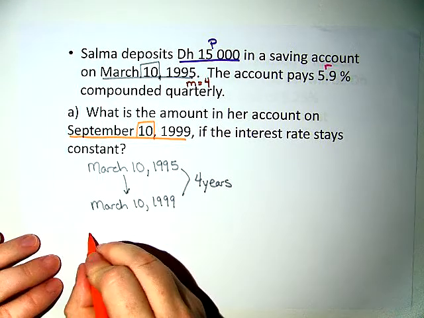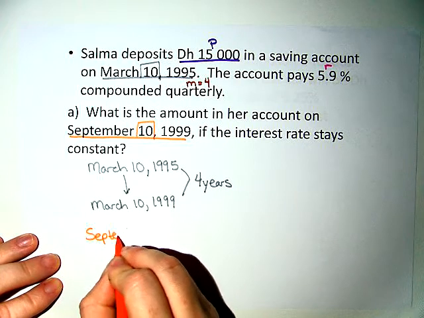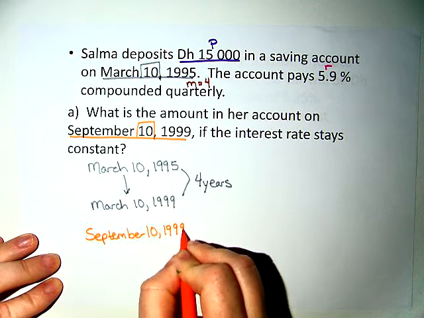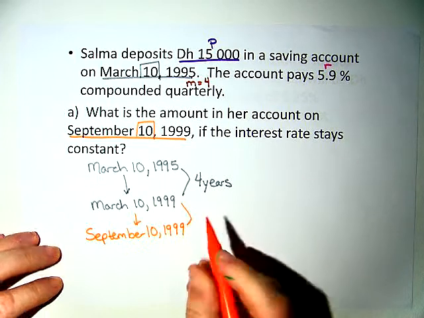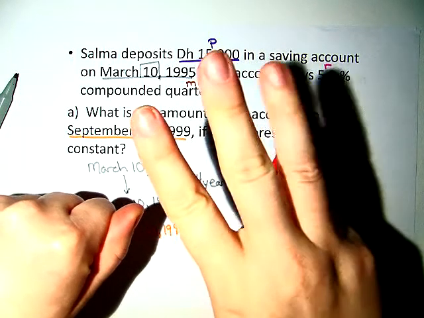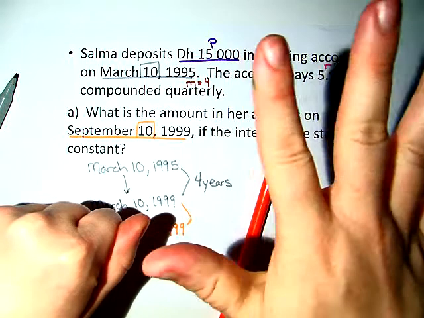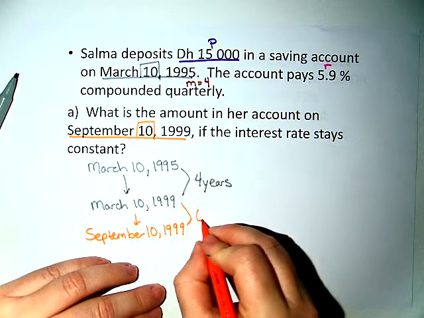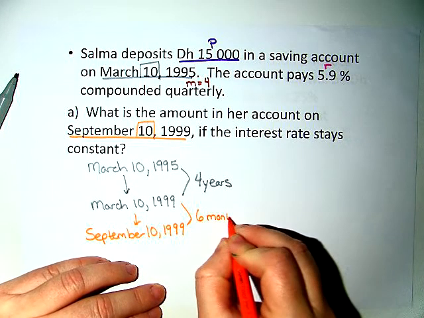Okay, now we're going to go to September 10th, 1999. Okay, so that's March. April, May, June, July, August, September. So we know that that's 6 months.